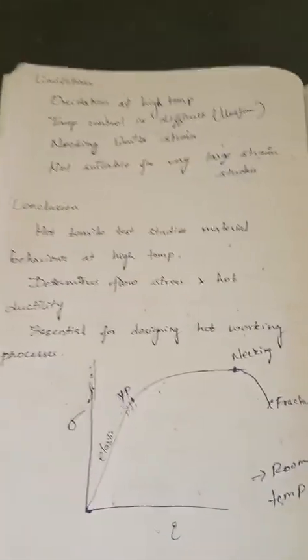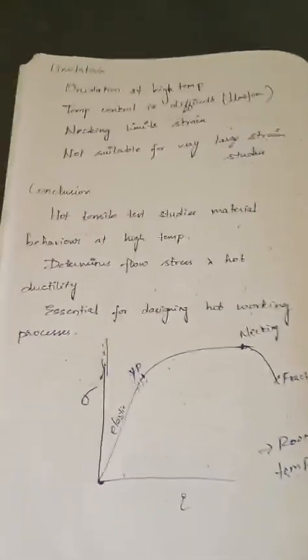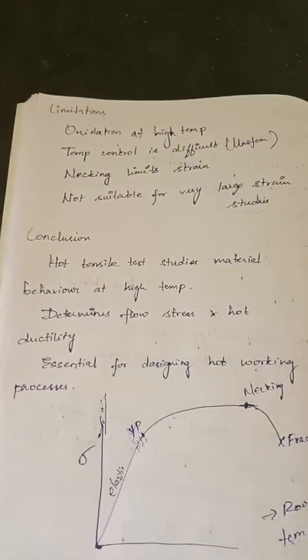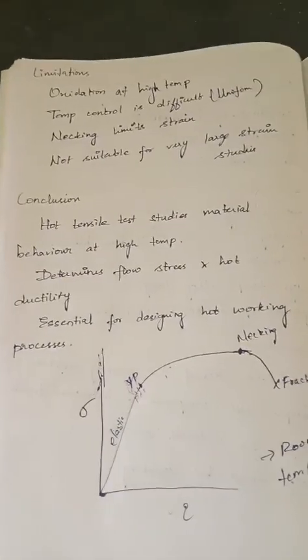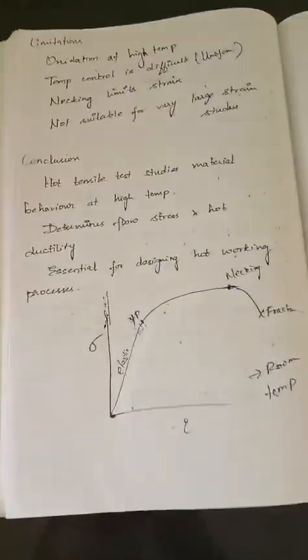We are giving a constant strain, so it is not valid for very large strain. And the conclusion: the hot tensile test studies material behavior at high temperature. Compared to a normal tensile test, we are studying how the material behaves and elongates at high temperature. And I forgot to insert one point.